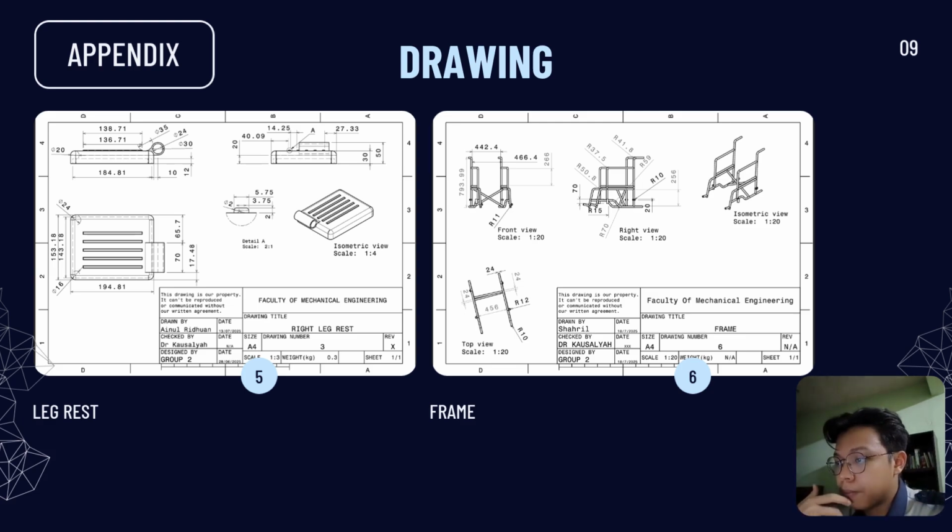In the making of the frame, we had to do a lot of research on how to make the frame, how stable it is, and also the symmetrical part of the frame. And then we have the leg rest, which is simple enough, where we just use fillet for most of the part, for the smooth part of the leg rest.